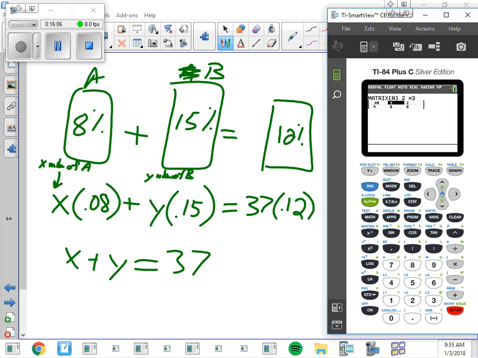I forgot about the 37. 0.15. And then you can just type 37 times 0.12 right into the equation. No, the first column is the X column, the second column is the Y column. And then 1, 1, 37.